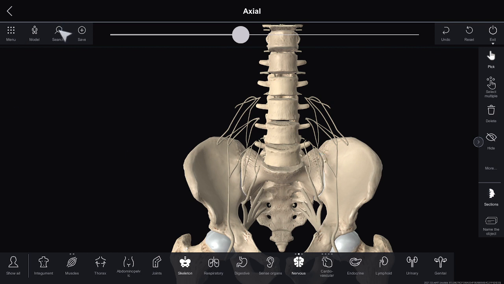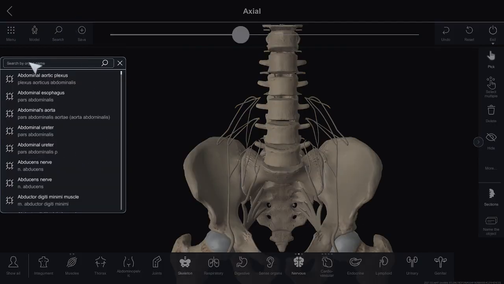First of all, here it is, the loop search. I click it and write down. It would be good for you to use Latin. It's possible also in English, but it's good to use Latin.